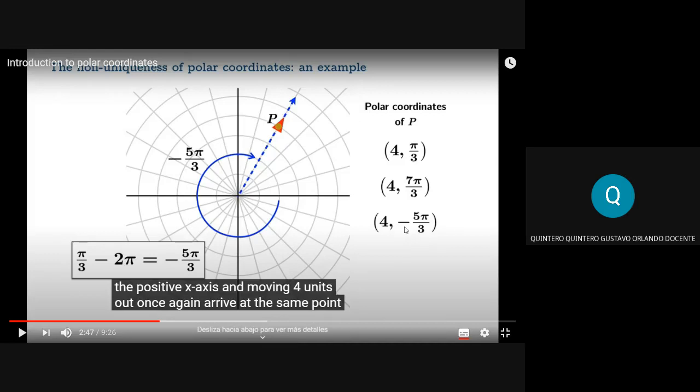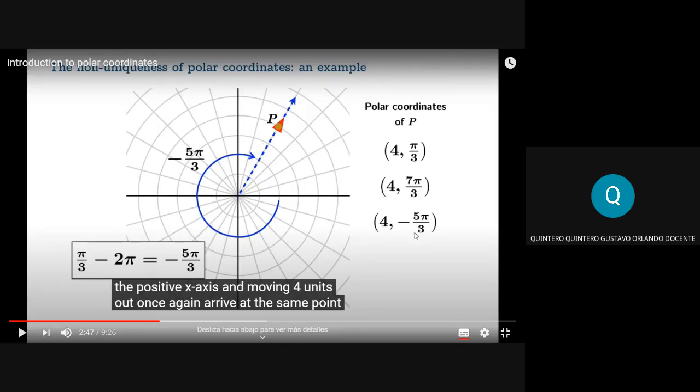A negative in polar coordinates means measuring in the opposite direction. Again, a negative in polar coordinates means measuring in the opposite direction. So that is exactly what we are doing here.